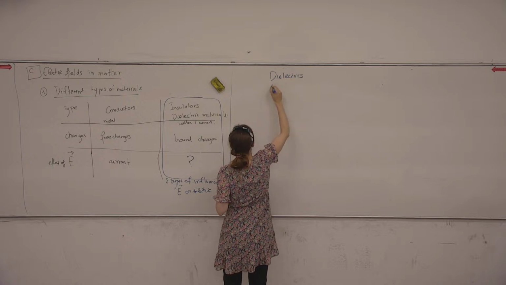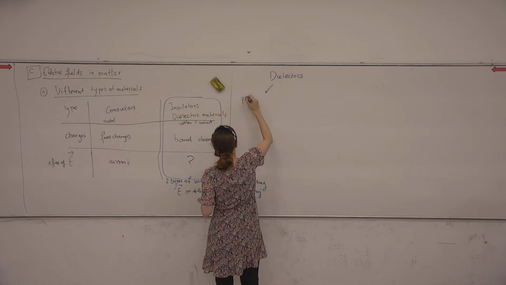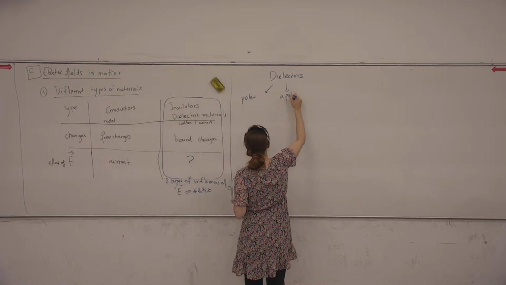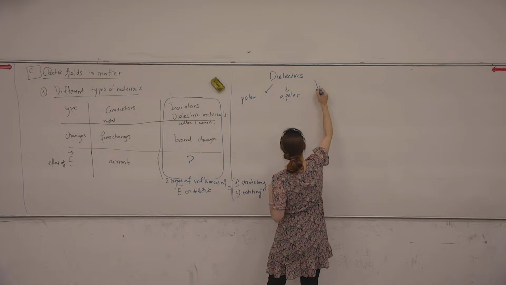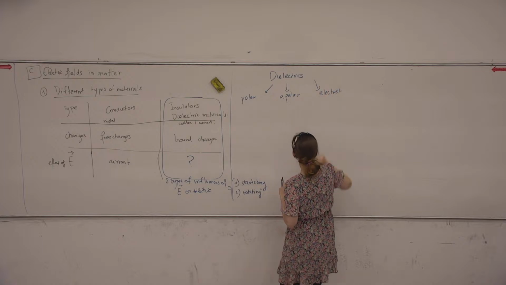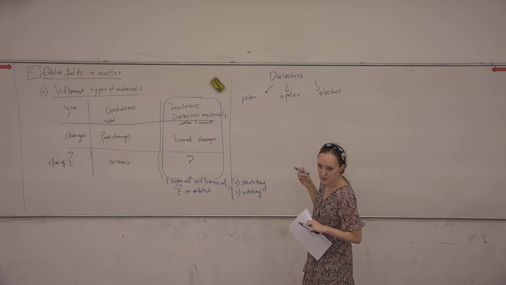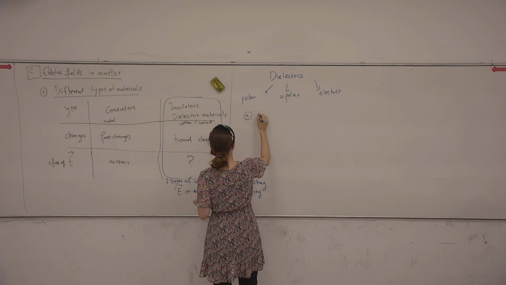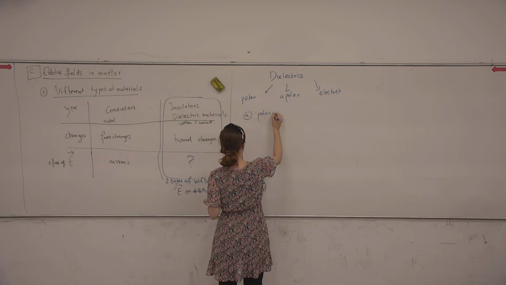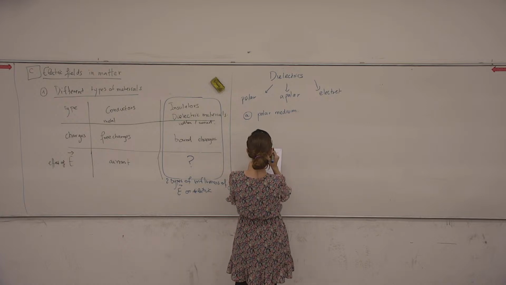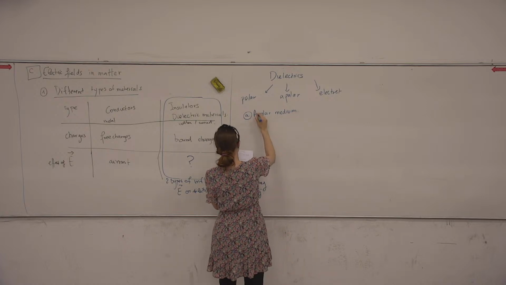I have media that are called polar media, apolar, and electret. Okay, and now I'm going to explain about each of them. Okay, so A, polar medium. Now I will start with the apolar one.